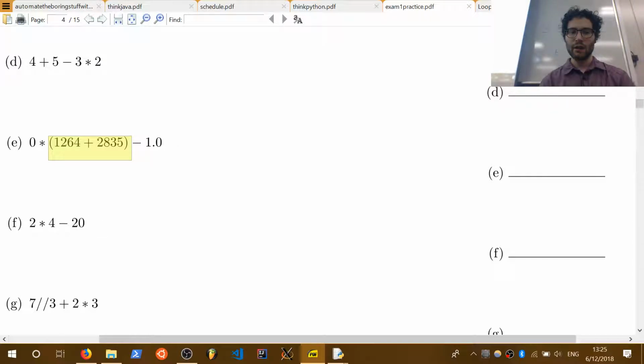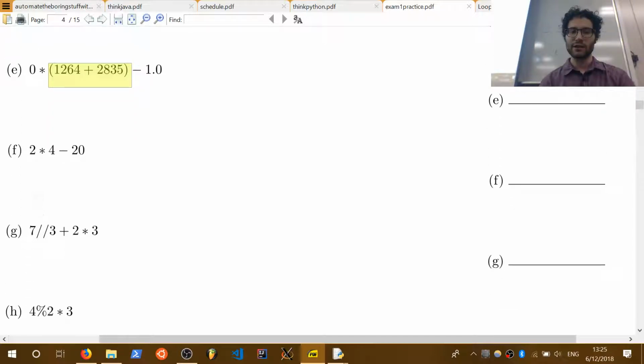Here's 2 times 4 minus 20. Again, just making sure, do you know order of operations? So this should be -12. 7 divided by 3 plus 2 times 3. So we've got a division and a multiplication. So this is what? Yep, 2.